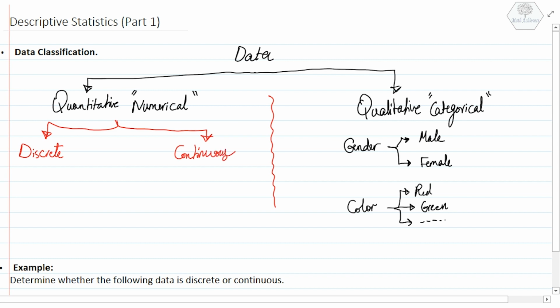The discrete, it can take any value that has a specific amount. So, discrete can take specific values. The continuous, it can take any value within a range.